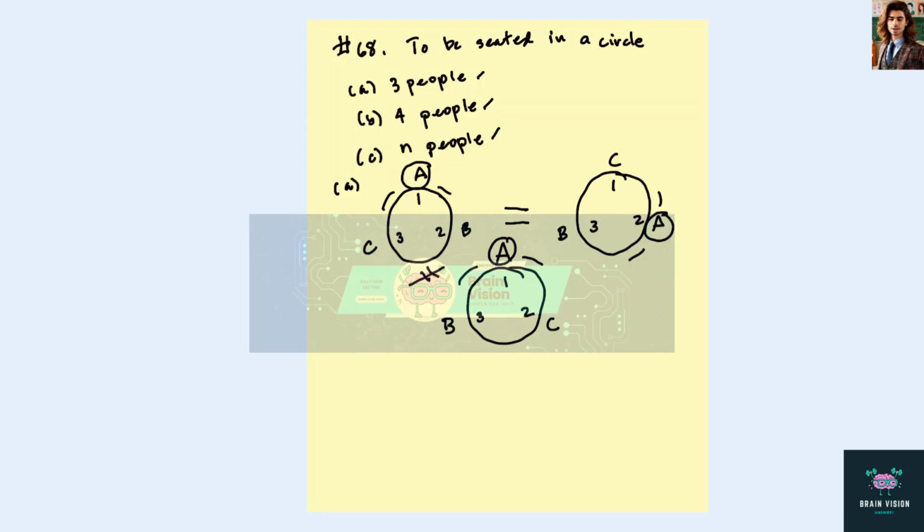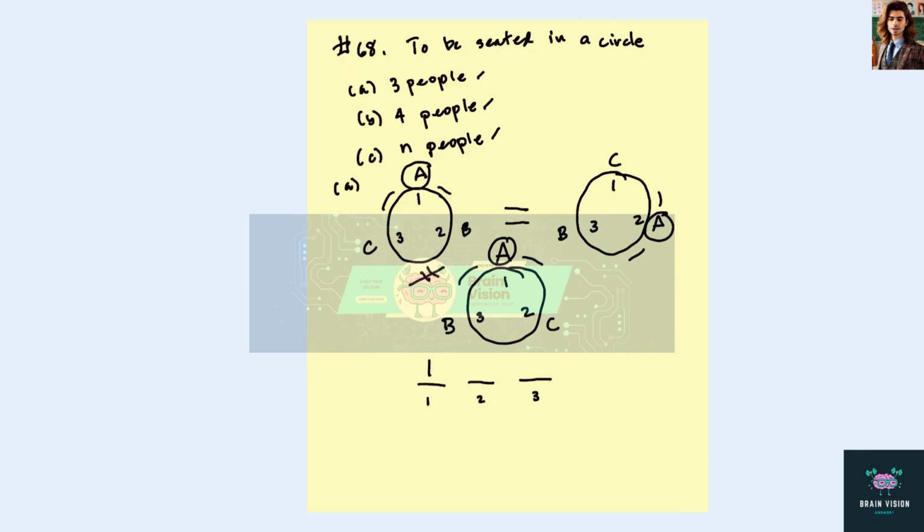So we can look at the analysis in a linear fashion. These are seat numbers 1, 2, and 3. What we do is we fix the position of one of them, right? So in seat number 1, we assign one person to sit there.